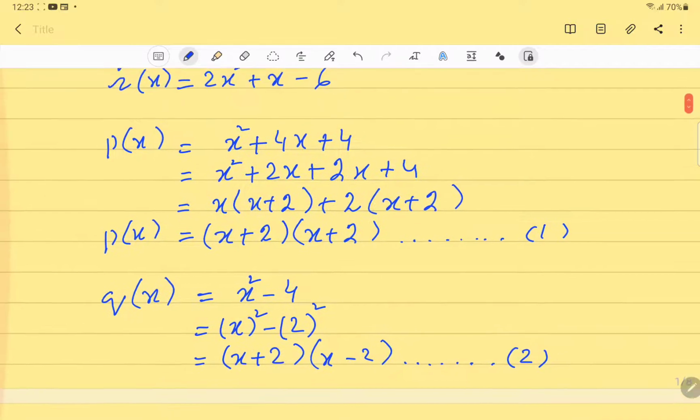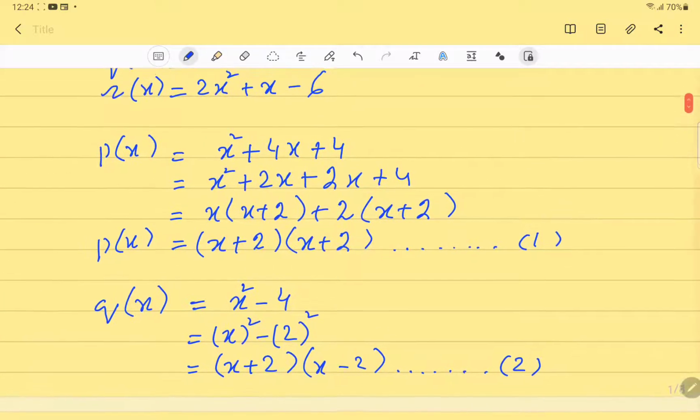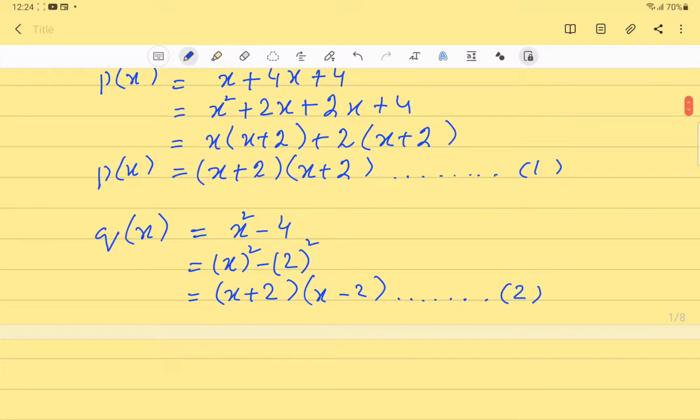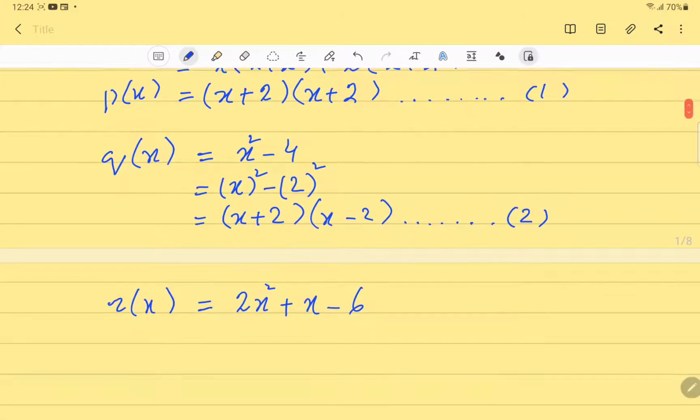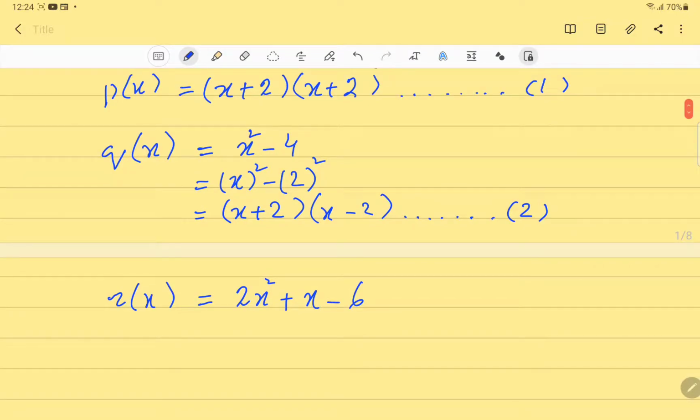But in this question we have a third one as well, which is rx is equal to 2x squared plus x minus 6. Now for the sake of factorization we have to multiply this coefficient of x squared with this 6.